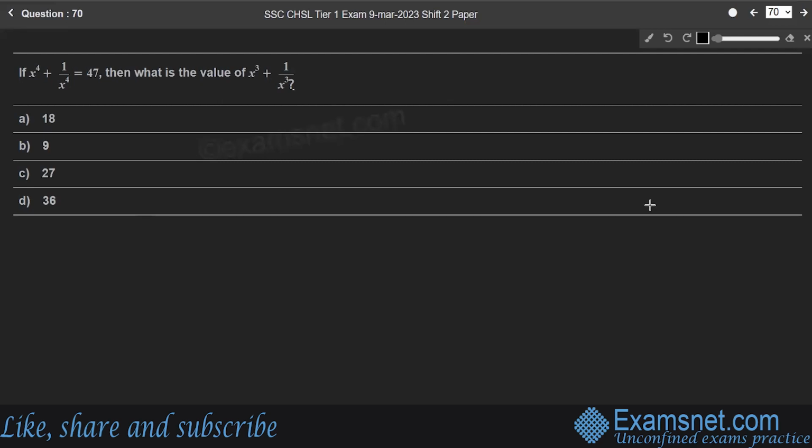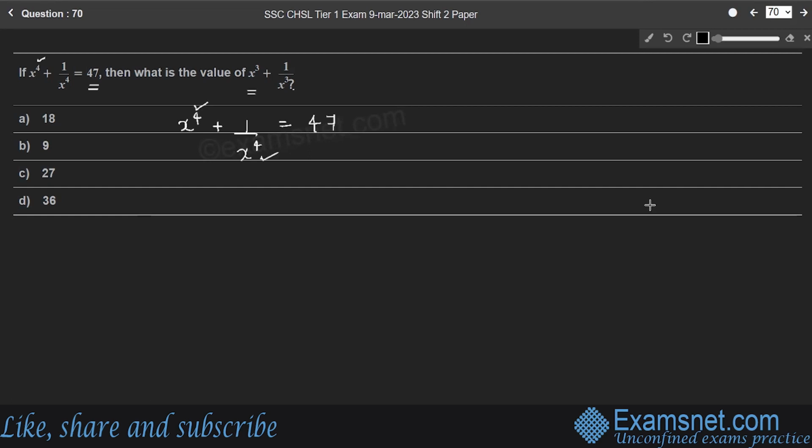Question 70. If x raised to 4 plus 1 by x raised to 4 is equal to 47, then what is the value of x cube plus 1 by x cube? So let us write the given expression. X raised to 4 plus 1 by x raised to 4 is equal to 47. Now reduce the power of x, right? Here in the numerator and in the denominator.